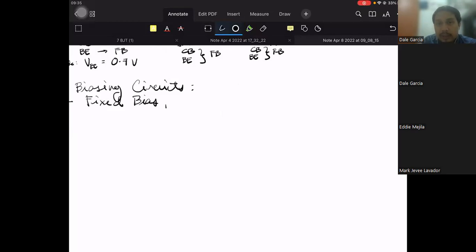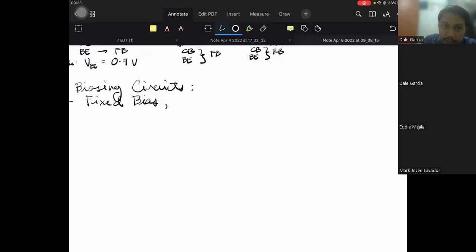It will work, but compared to the others, it's not very stable. Maybe I'll expound on the stability later. Next is the emitter bias, more stable compared to the fixed bias.